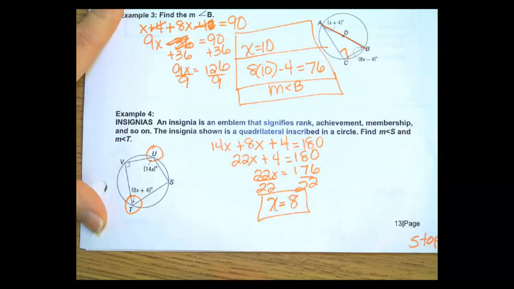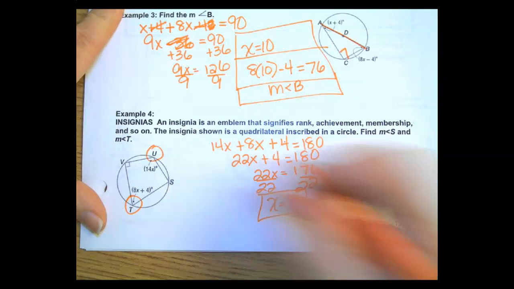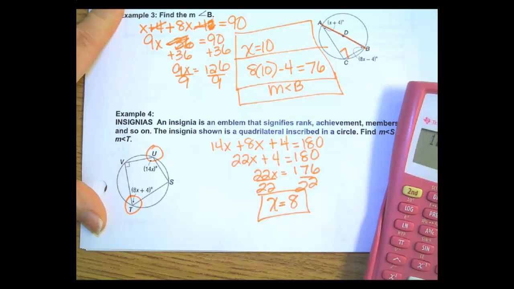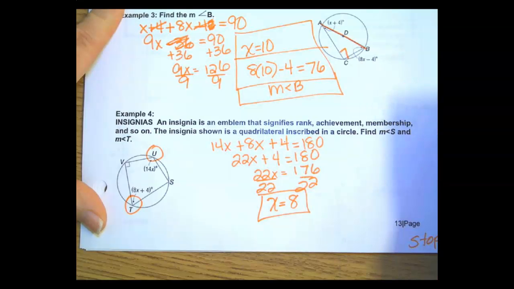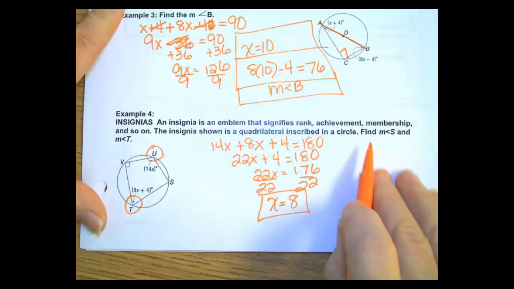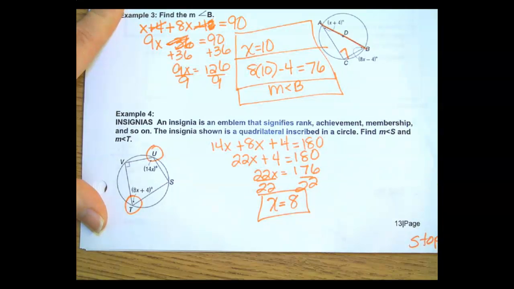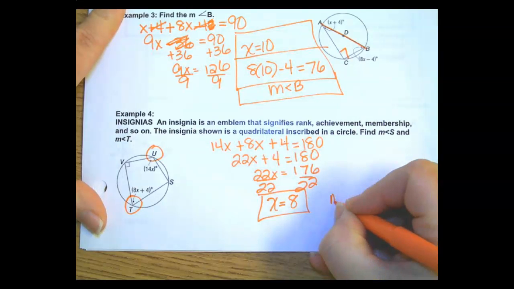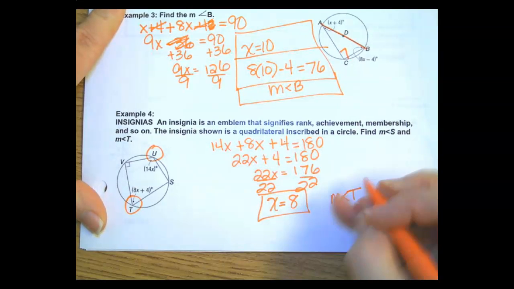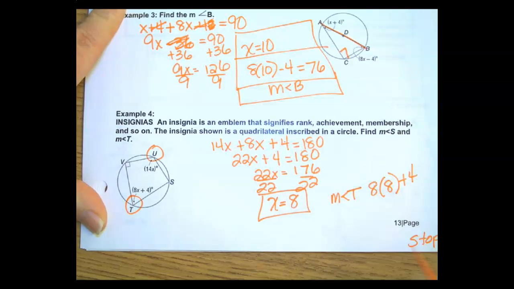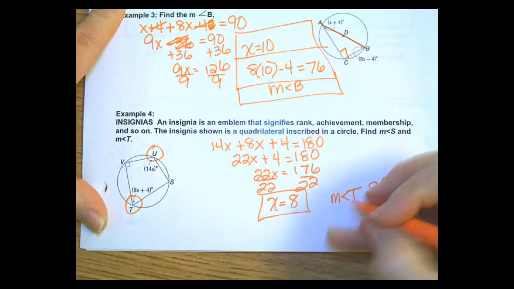All right. Find the measure of angle S and T. The measure of angle T would be 8 times 8 plus 4. So 64 plus 4 is 68.